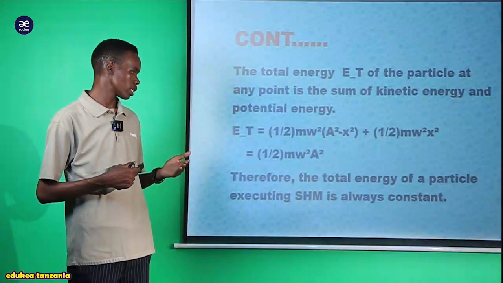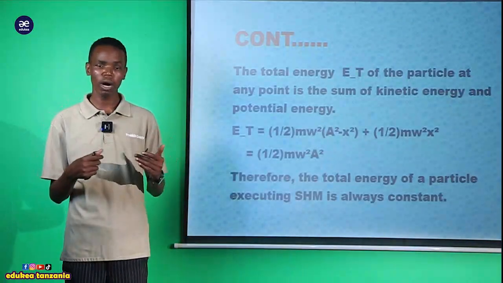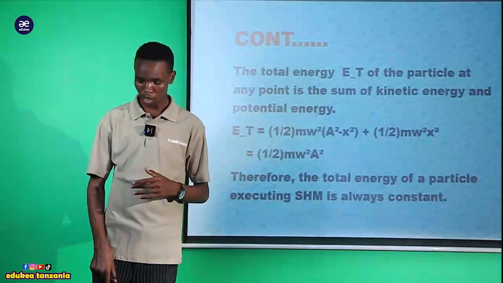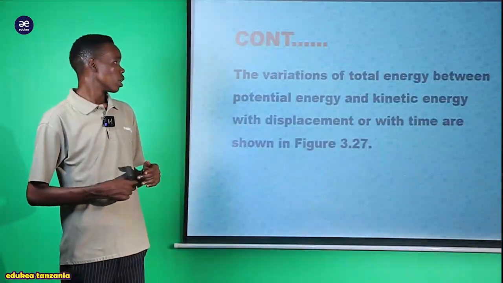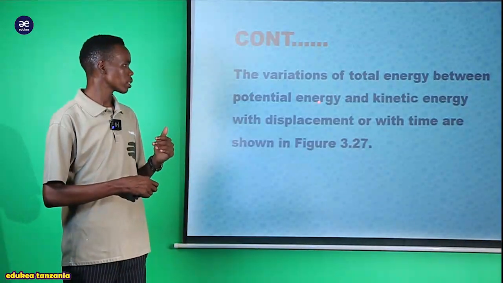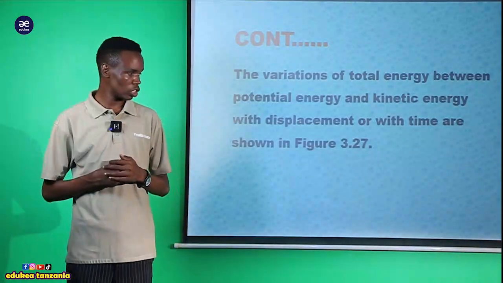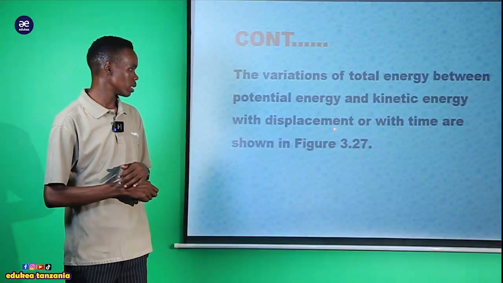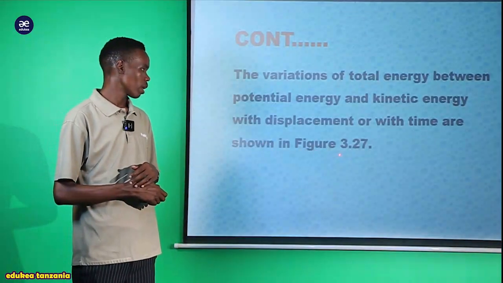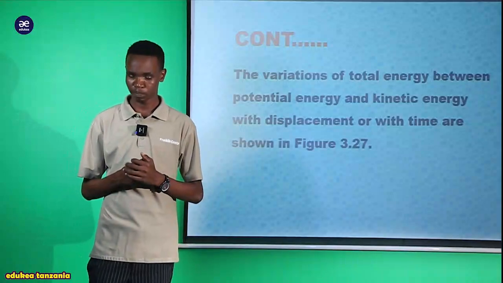And we know that for a particle executing simple harmonic motion the total energy is always constant. The variation of the total energy, the potential energy and the kinetic energy with displacement or with time is shown in figure 3.27 here.